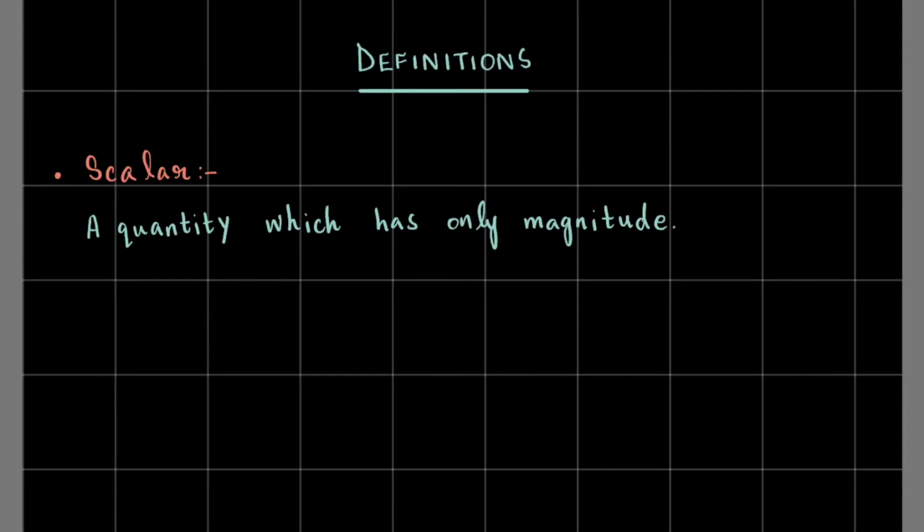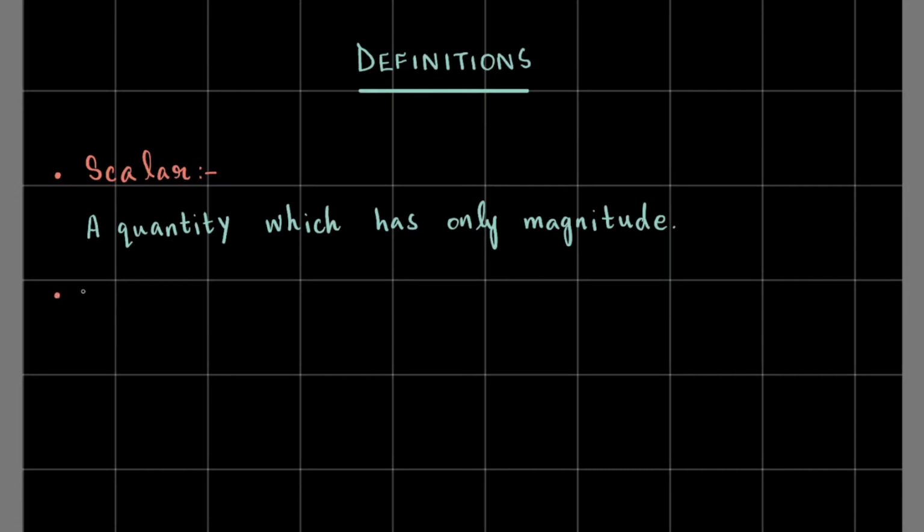Let's say I have a stick and it's 5 meters long. So 5 is the magnitude of the length of the stick. Or we say the magnitude of an earthquake on the Richter scale is 7. That just tells you how bad the earthquake is, right? So a quantity which has only magnitude is known as a scalar, okay?